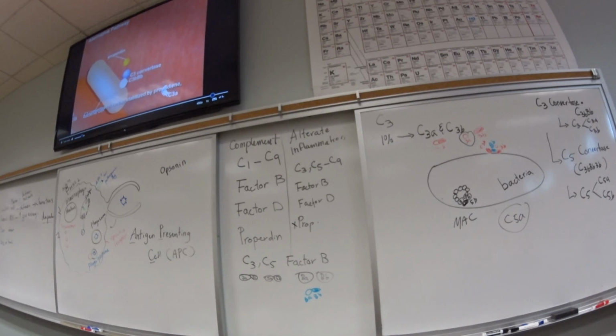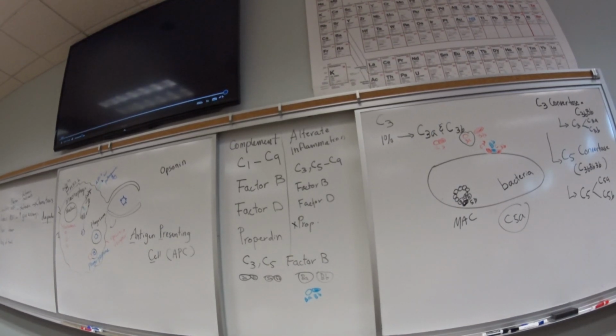C3 convertase is further stabilized by properdin, which allows another addition of C3b, forming C5 convertase. So C3b, Bb, 3b. That's C5 convertase. And she's going to say this is similar to C4b, 2b, 3b.